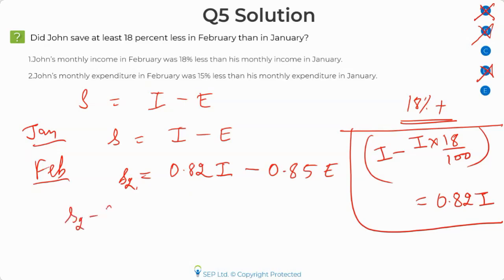Now I have to find the difference in savings, so (S2 minus S) by S. This is what I'm comparing. I want to check whether this percentage value is less than 18% or more. So let me take it to the next screen, guys.